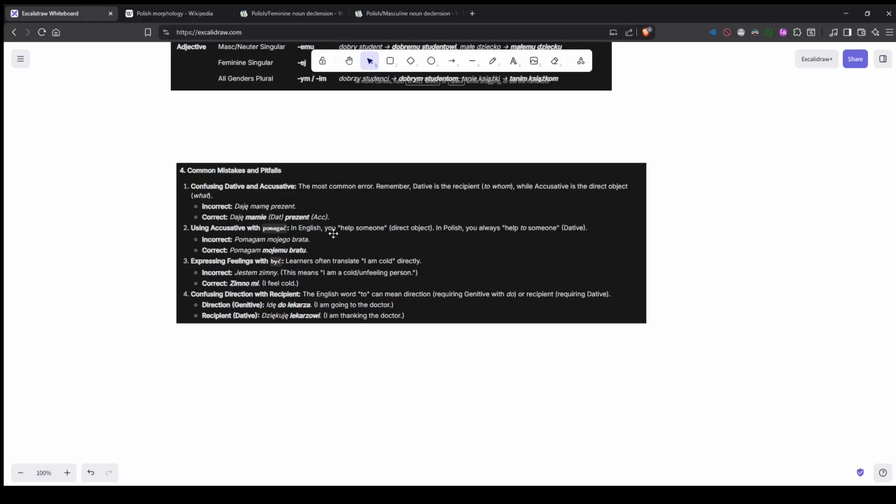Again, in English, there are many verbs that you would use in a way that you help someone or, I don't know, thank someone, right? In Polish, these verbs are treated more like you perform help to someone, you give help to someone, or you give thanks to someone. You can kind of think of it that way, and that should help you remember that these verbs actually require the dative, okay?